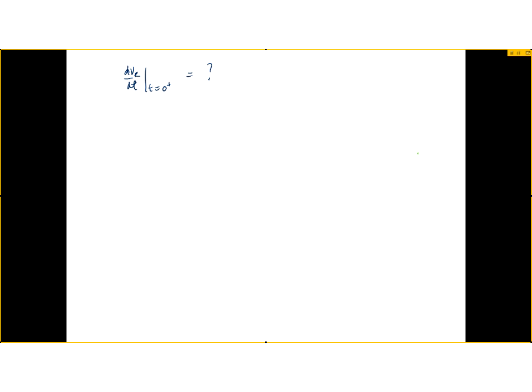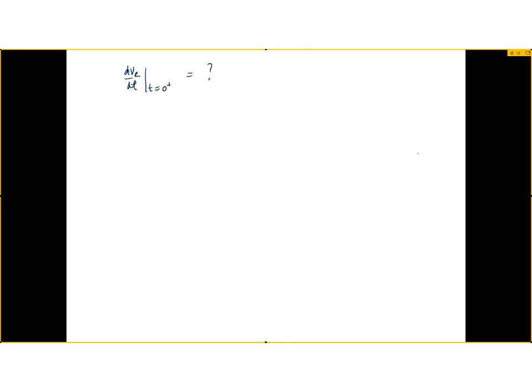Remember, we're trying to look for the initial value of a derivative. How would you do that? I think the only correct mathematical way to do that is to find an expression for VR that is true at any time, and then differentiate with respect to time, and hopefully you can find that value.